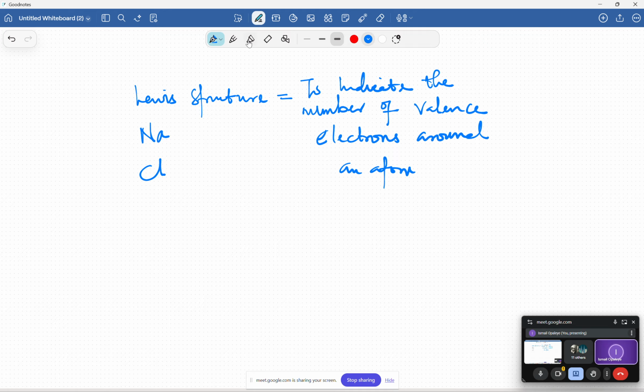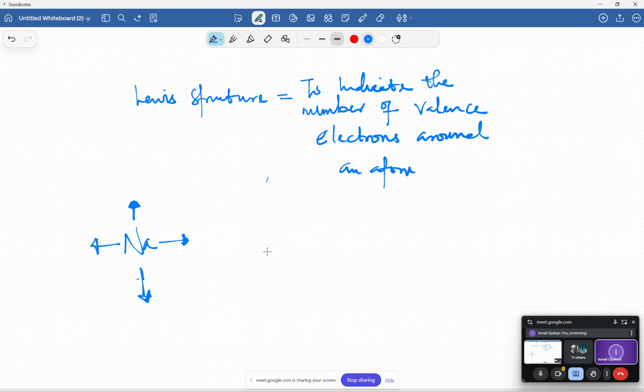So as I've mentioned earlier, for this sodium, there's a direction here pointing upwards, a direction to the right, a direction to the left, and a direction pointing downward. Those directions can be occupied by the valence electron.